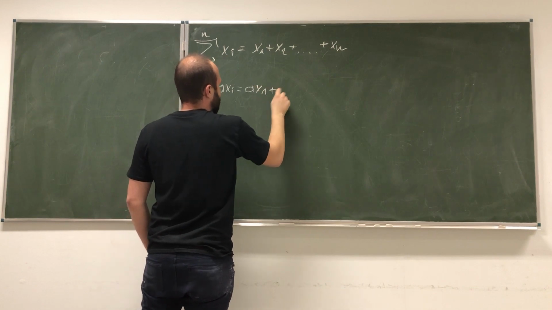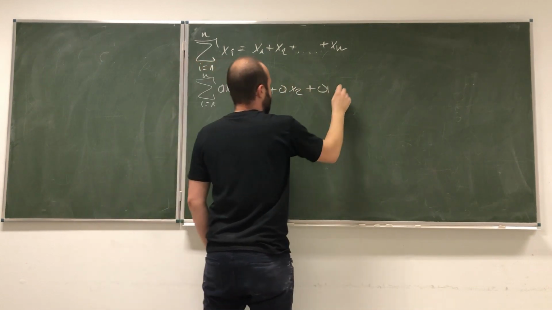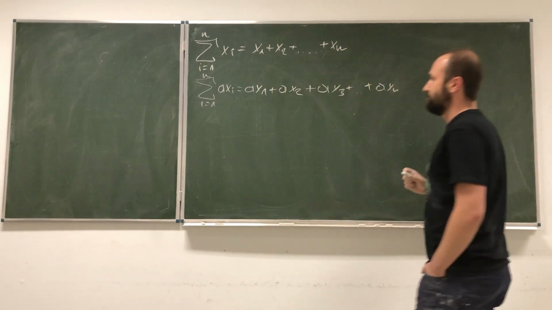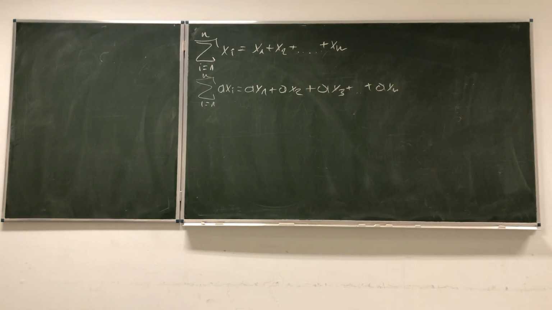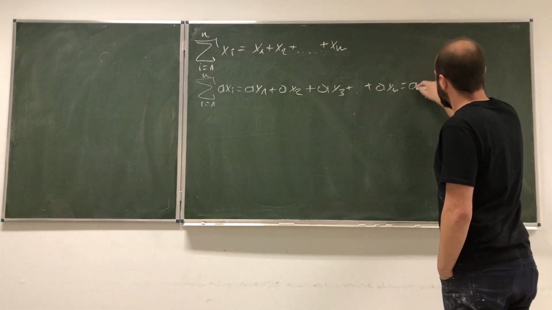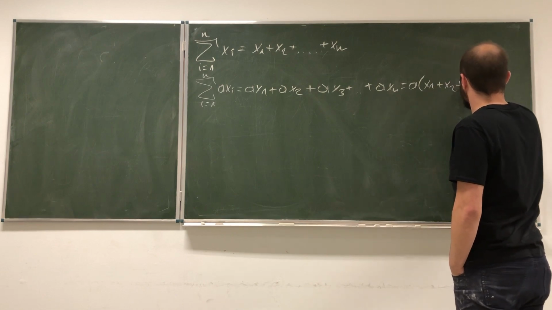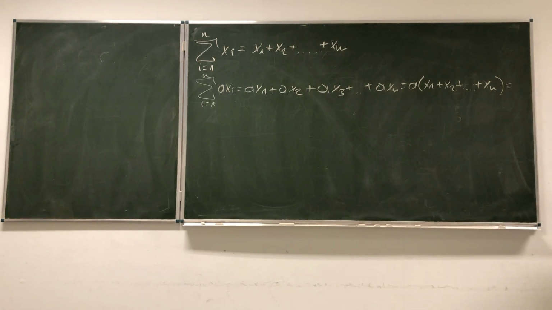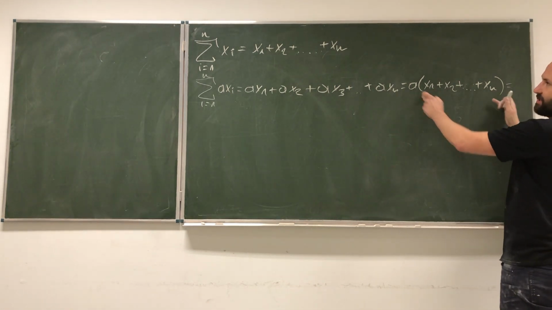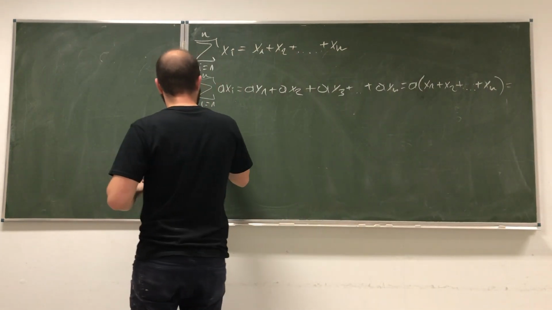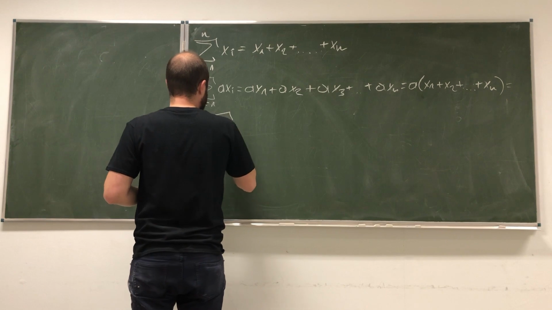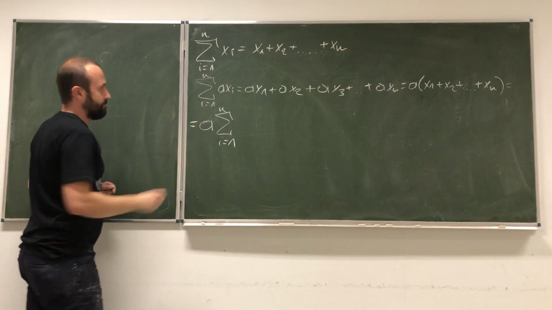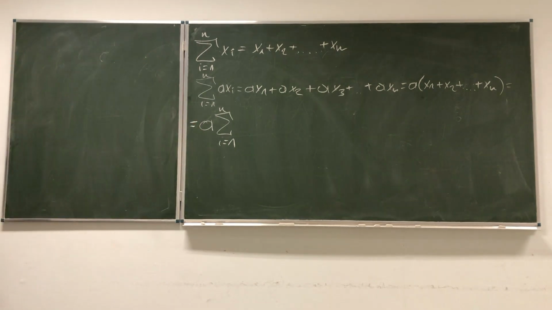A x1 plus a x2 plus a x3 plus a xn, right? So we can take, for example, a out. And this is equal to what? Well, this is going to be equal to that. So we get that we can take this constant out of the sum symbol, right? And this is a very important property.